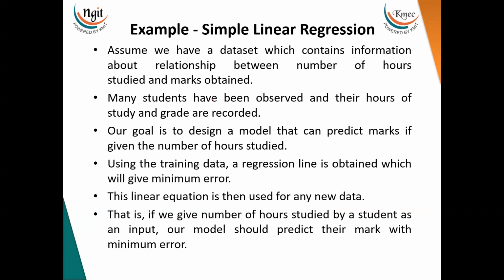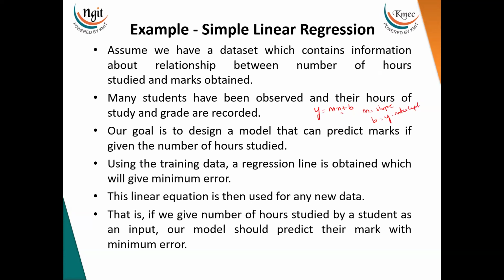And coming to simple linear regression, as I already told you, it is going to give us a straight line relationship. Mathematically, a linear relationship is one that satisfies the equation y = mx + b, where m is the slope and b is the y-intercept.